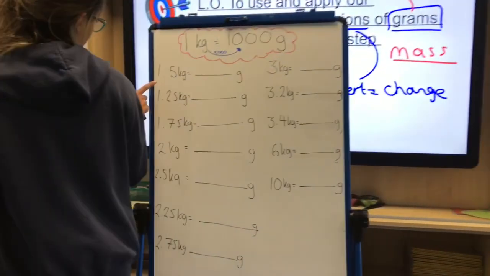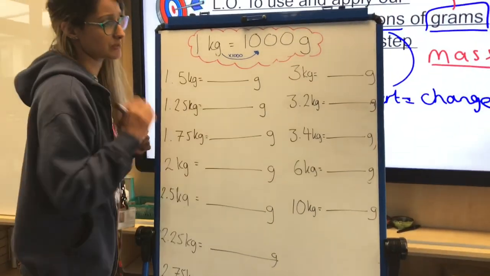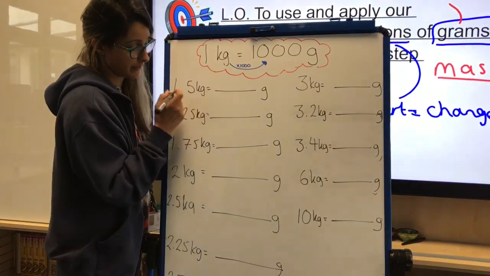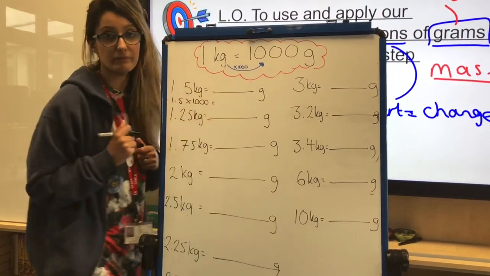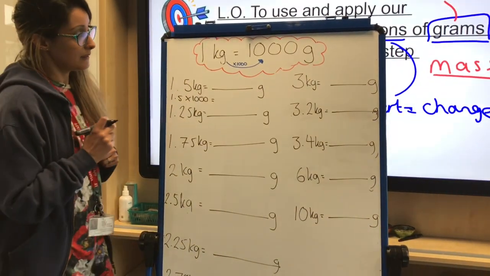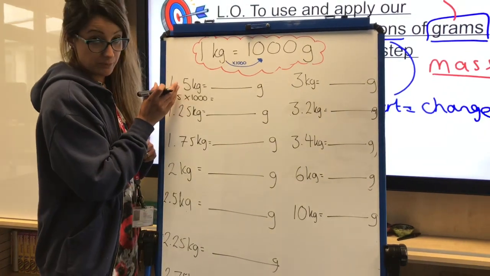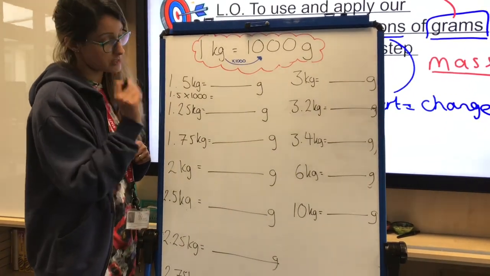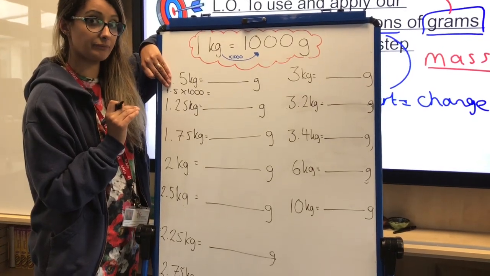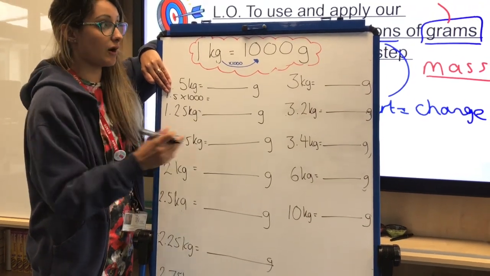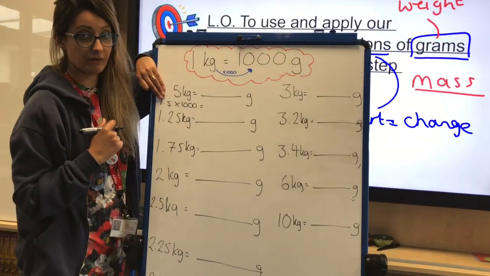So what I've got here is 1.5 kilograms equals something grams. And what I'm actually doing to convert that to grams is I'm going to do 1.5 multiplied by 1,000 will give me my answer. Now I know that some of you will want to do placeholders, maybe move it across. Some of you might recognise actually that 0.5 is the same as a half, and a half of 1,000 would be 500.